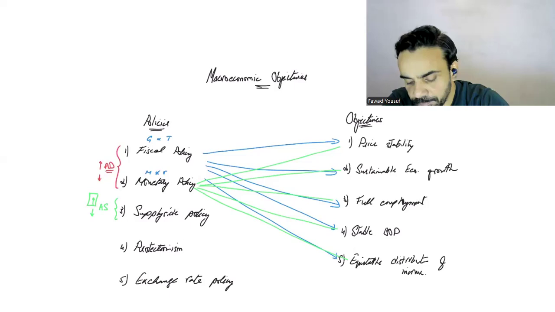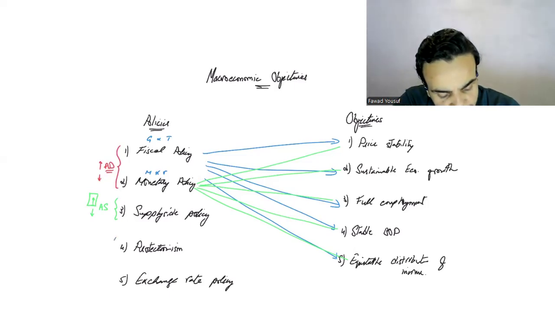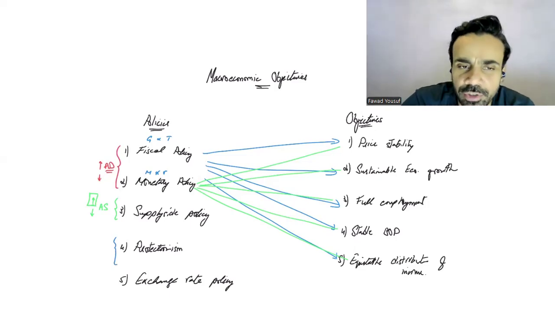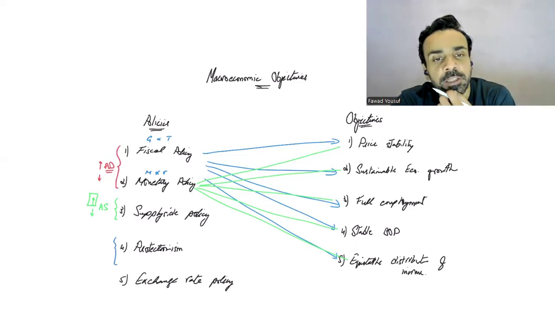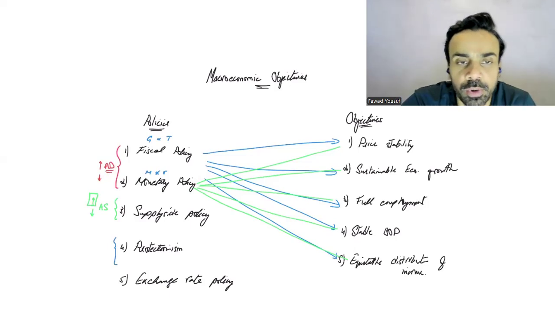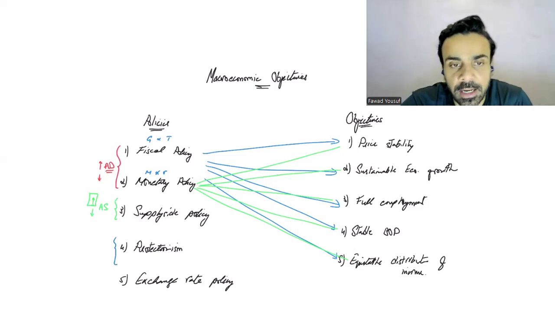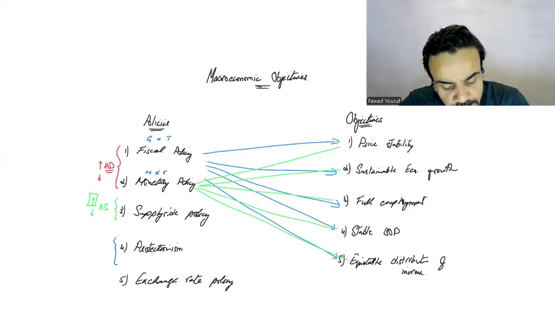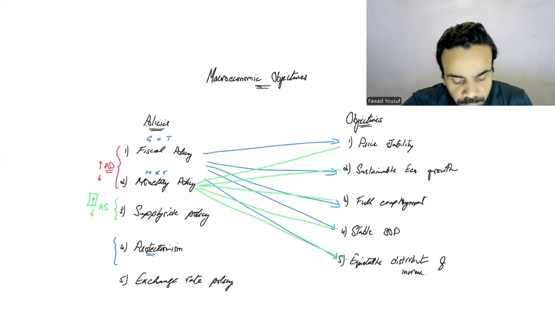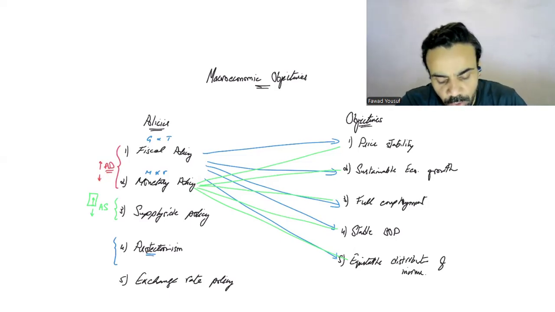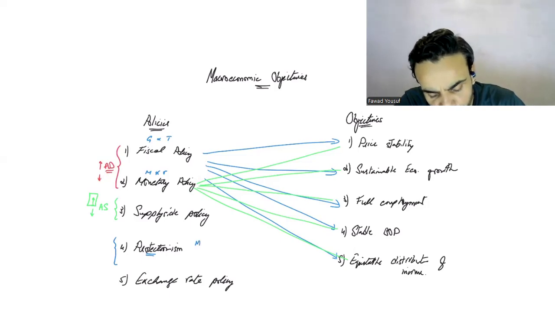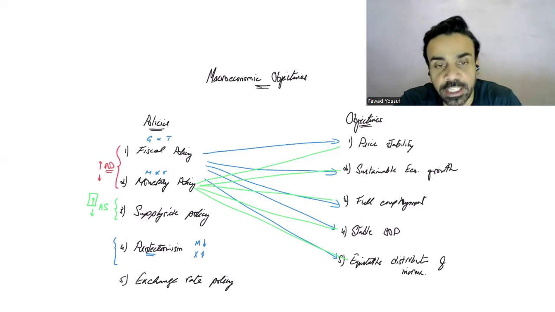After that, another policy we deal with is protectionism. Under protectionism, exchange rate also comes in sometimes; sometimes exchange rate can come under monetary policy. I'll deal with it separately and then it's up to you how you want to deal with it. But the whole idea of protectionism is that you want to reduce the imports coming into the country and you want to increase the exports.